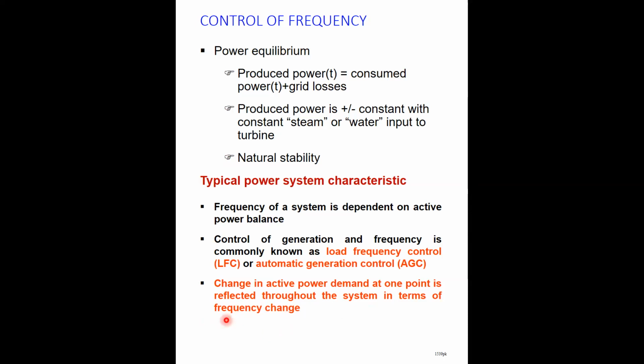And that is a good way of saying whether there is a perfect match between the generation and the demand, or a little bit of mismatch. So that is what we reflect in terms of frequency deviation here.